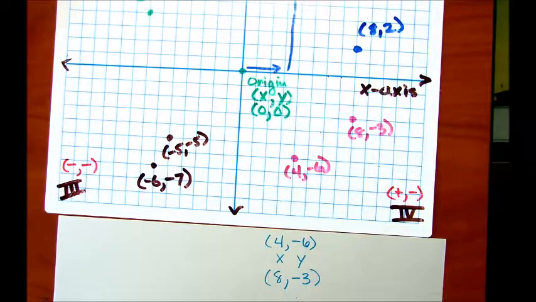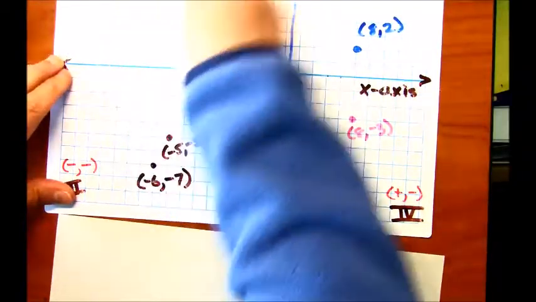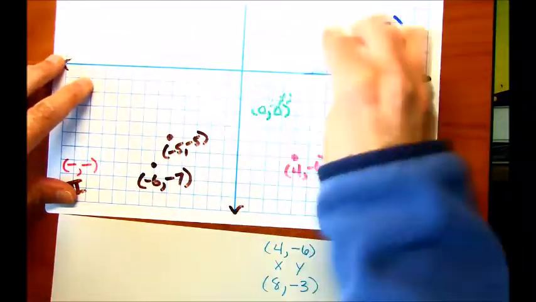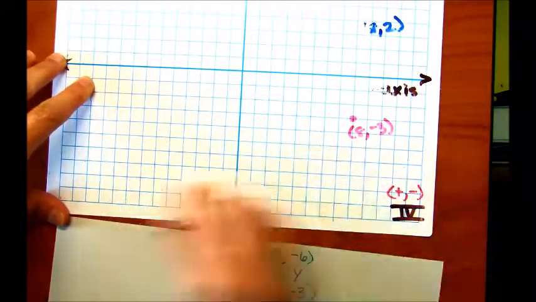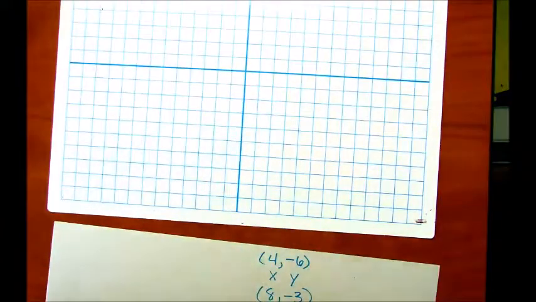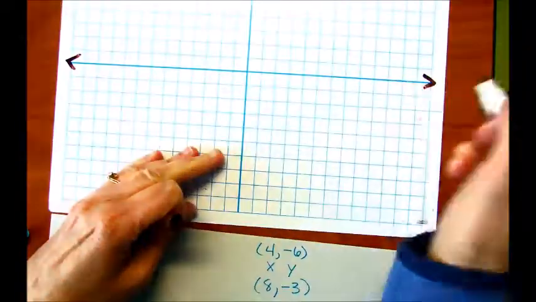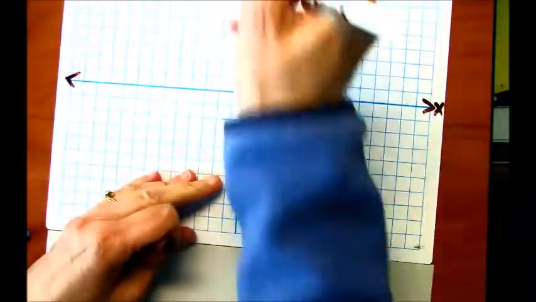Now, let me go ahead and erase these. I'm going to plot some points, and then I'm going to have you write down the coordinate points. So let me grab a tissue here real quick, and actually I'm going to erase everything. I'll go ahead and rewrite the x-axis. So this is the x-axis here. I'll put x, and then this is y.